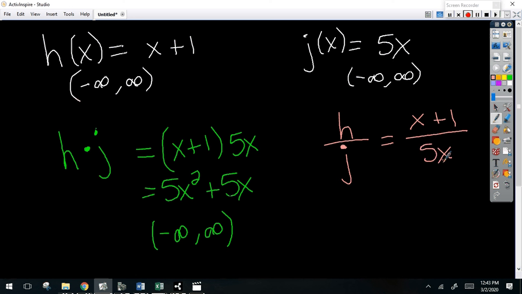Now what? How is my domain changed? I can't simplify that any. But my domain has changed some. What's changed about my domain now? x can't equal... If x is negative 5, that put negative 25 in the bottom. x can't be 0. 1/5 would give you 1.